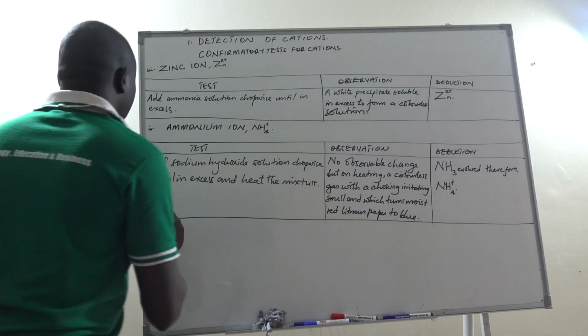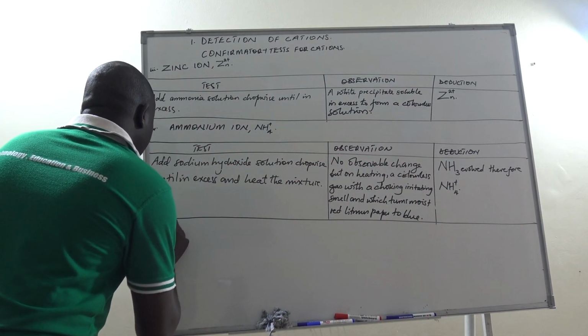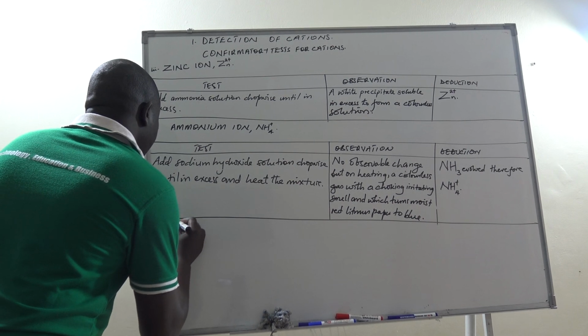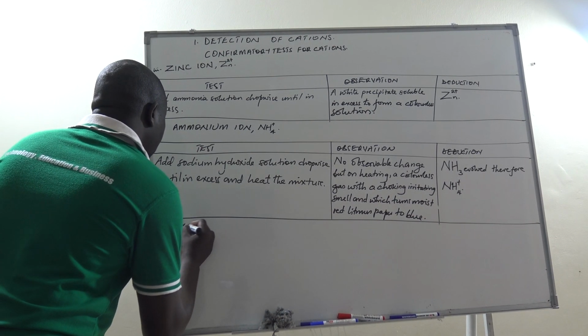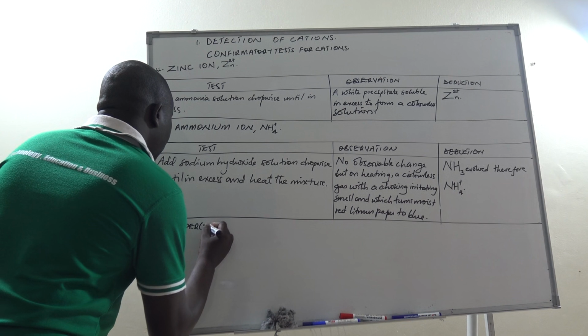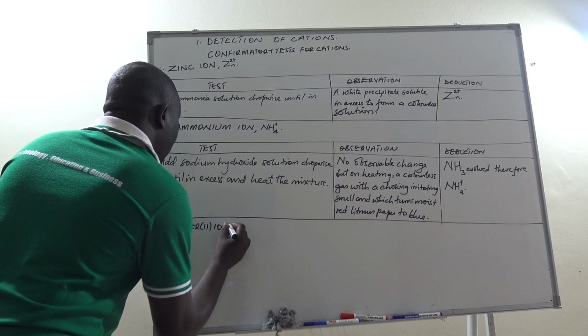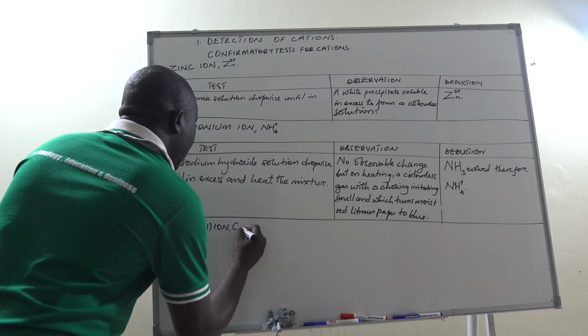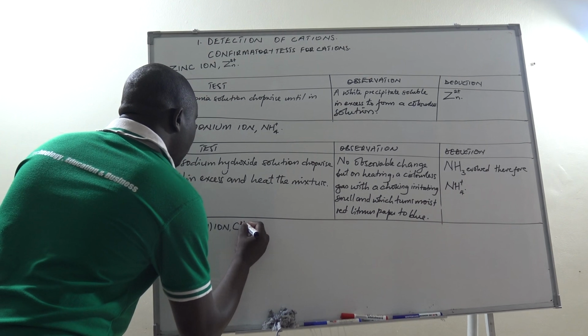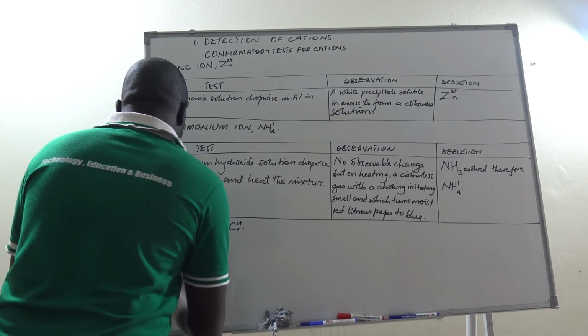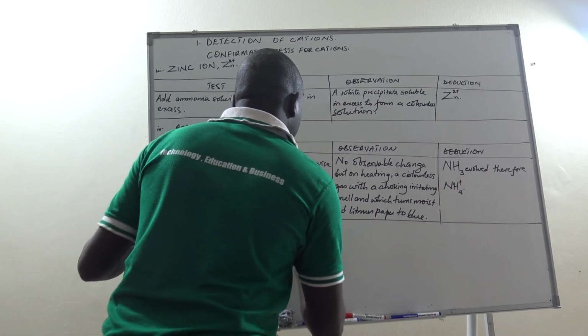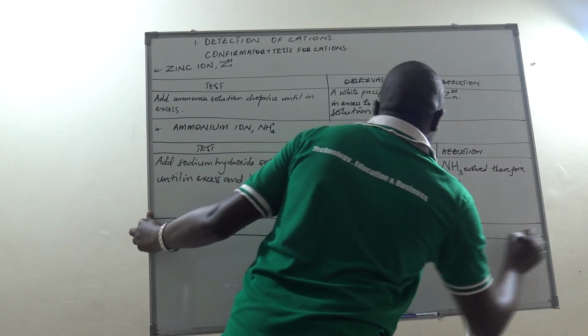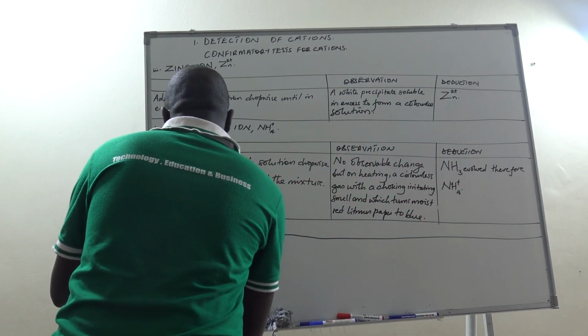Then let us also look at copper II ion with this formula of capital C small u 2 plus, copper II ion. Let us also draw our simple table for test, observation and then deduction.